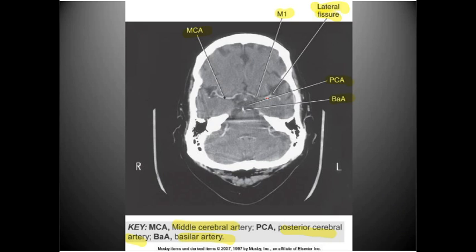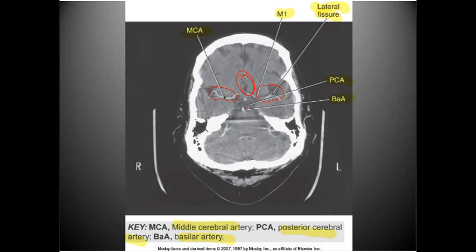This will be typically what you're going to be looking at. Notice we have this going here, which is the MCA, the middle cerebral artery. Notice how it's going kind of horizontal. The anterior cerebral artery will be going slightly anterior.